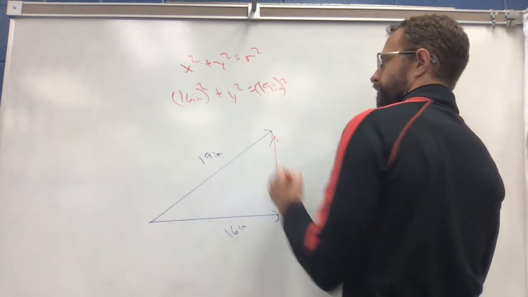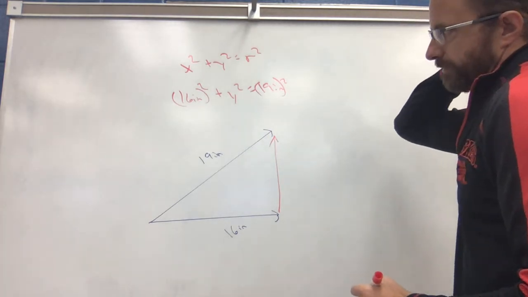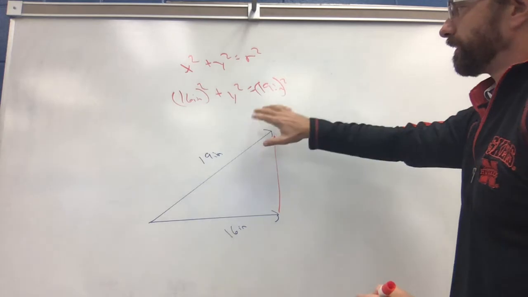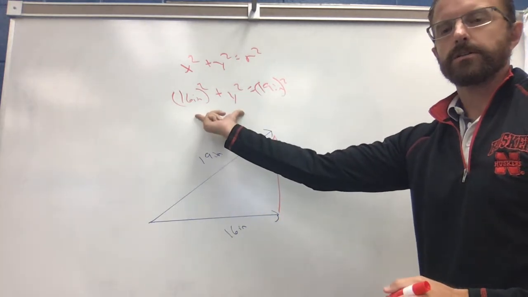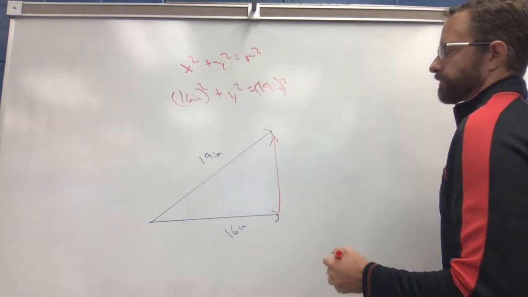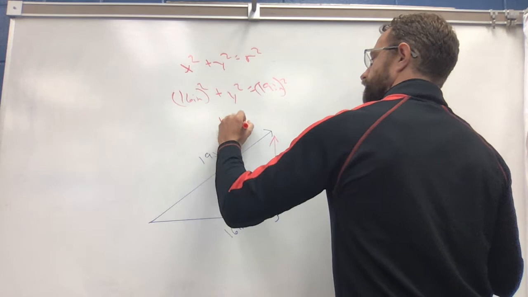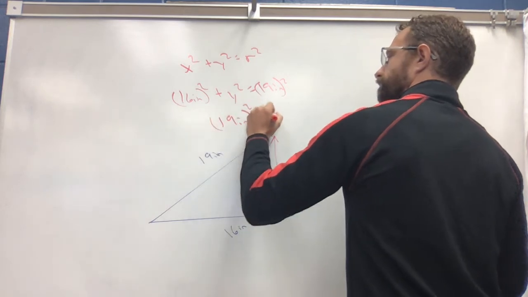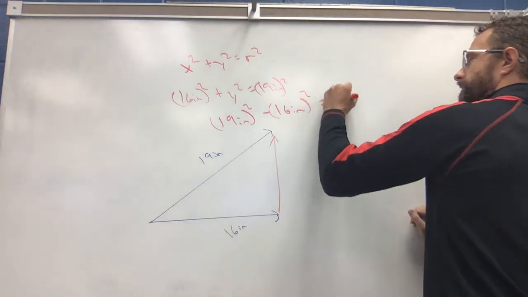Right, so now that's enough work for me, but some of us don't love rearranging things as much. These are attached by addition, so we'll separate them by subtraction. So I'm going to subtract that over. So I would do 19 inches, the whole thing squared, minus 16 inches, the whole thing squared, equals y squared.